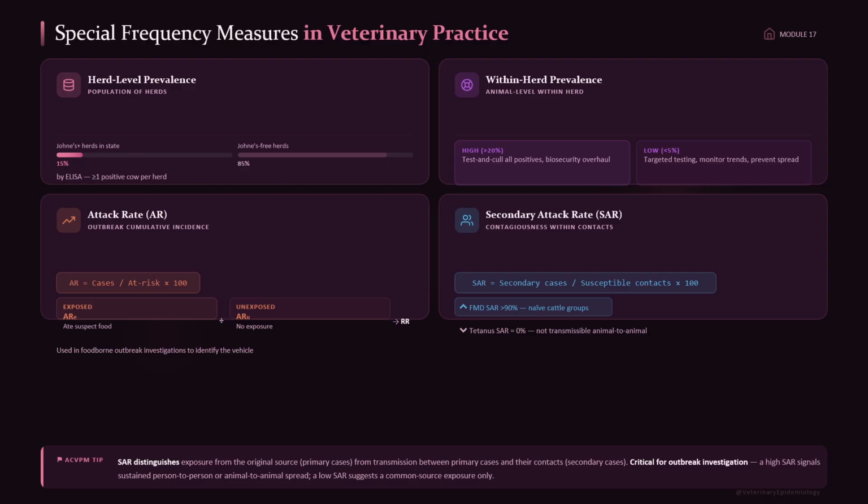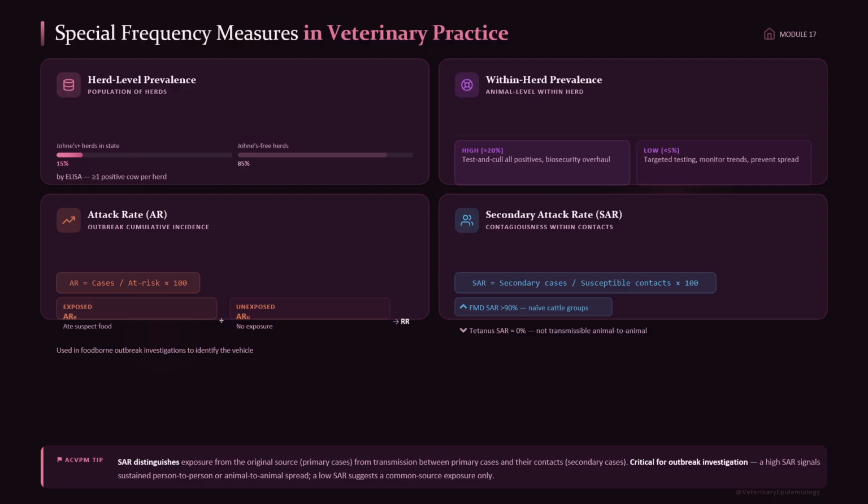And notice the management logic flips with the level. A high within herd burden, say above 20%, calls for test and cull and a biosecurity overhaul, while a low burden under 5% means targeted testing and monitoring trends. Here's the key insight.